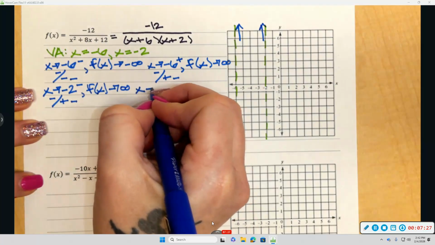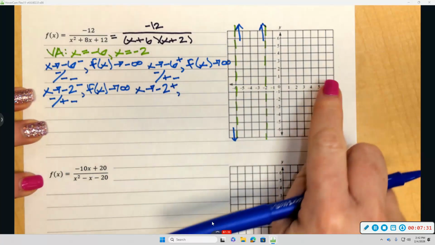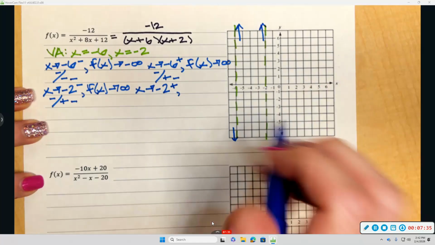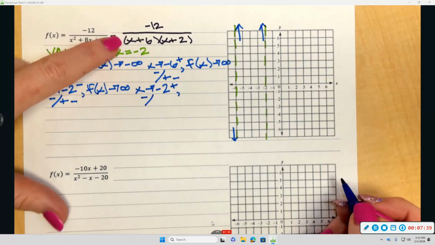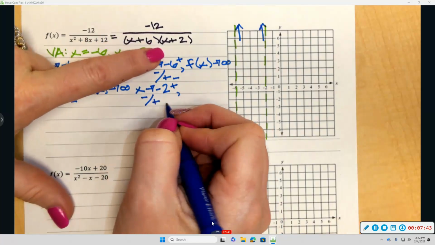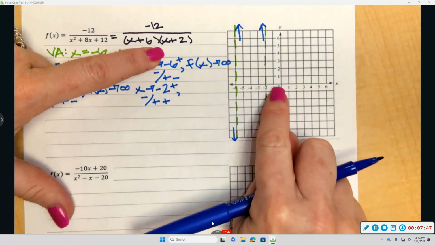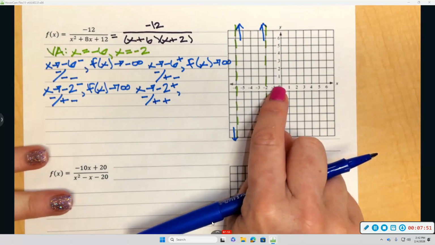And then checking negative 2 from the right. So we're coming in over here, so we're greater than negative 2. We still have that 12 is still negative. I'm going to have this factor positive and this factor positive, because if I'm coming from the right of negative 2, maybe I'm at negative 1, this factor would be positive.